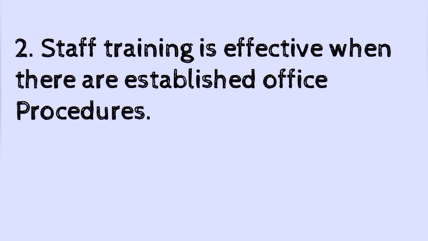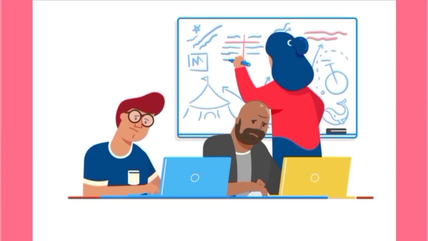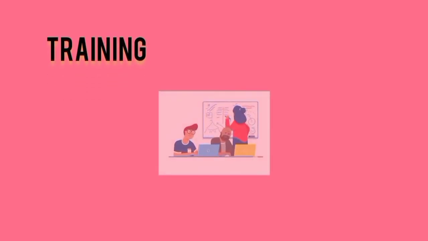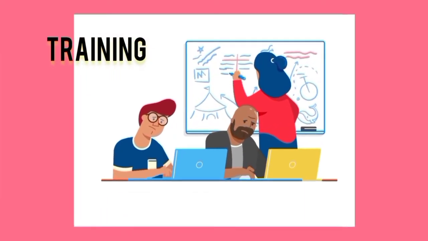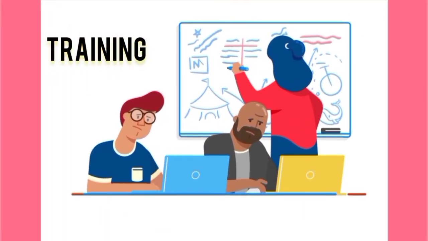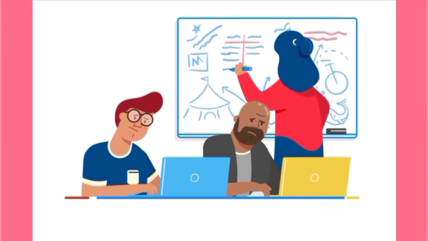When there are established office procedures, anybody employed into the organization will have to go through or be trained to know the various procedures in the organization. And this will bring progress to that establishment.